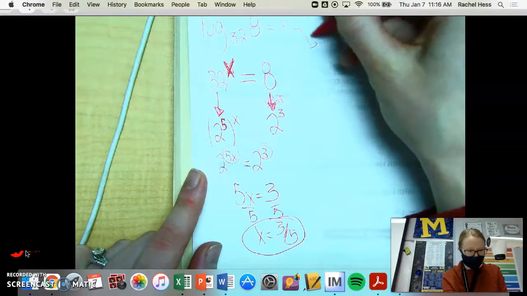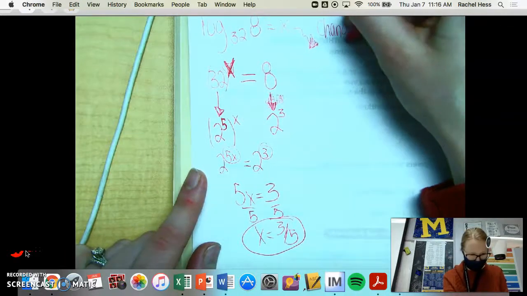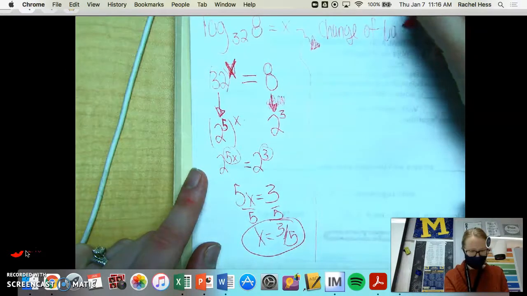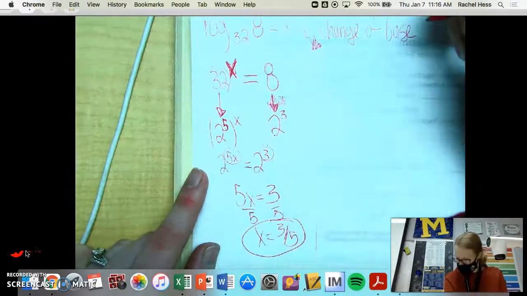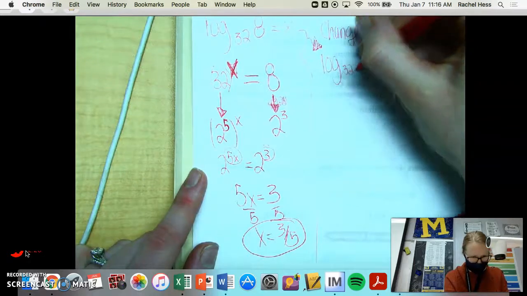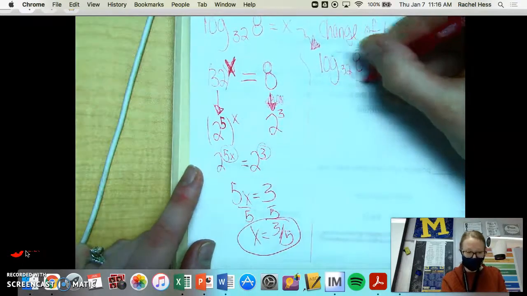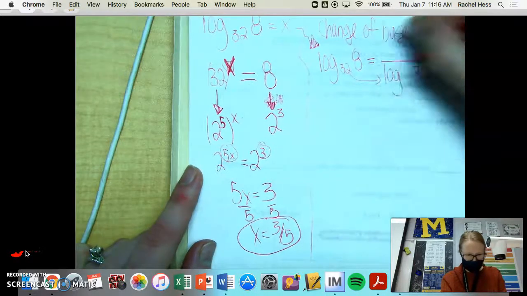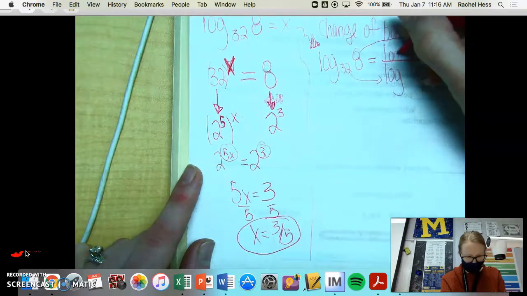So this rule that we just talked about, which is the change of base, is another method that we're going to use here. So if we have log base 32 of 8, using that rule, remember the bottom number goes on the bottom, the top number, or the big number, goes on the top.